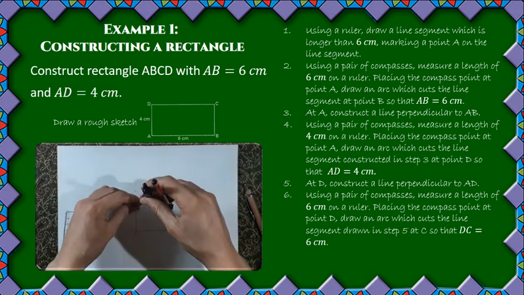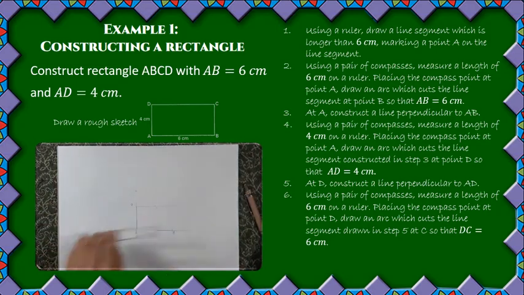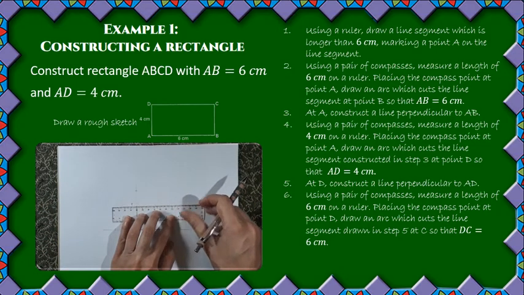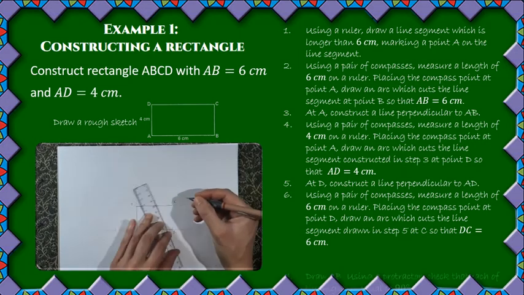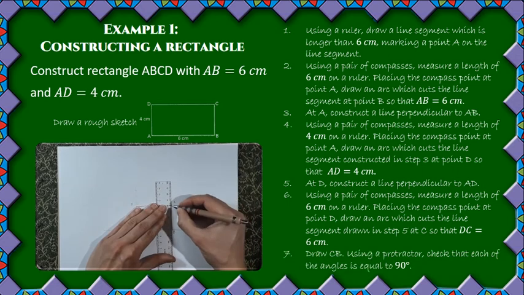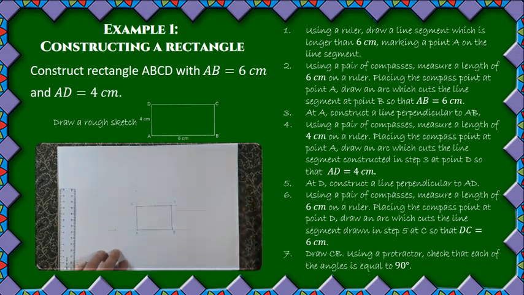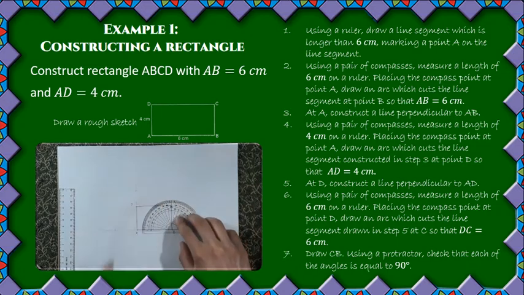And then placing the compass point at point D, draw an arc which cuts the line segment drawn in the previous step at C. And therefore CD will be 6 centimeters. And then we draw CB using a protractor. Check that each of your angles is equal to 90 degrees. Okay, so that's how we drew a rectangle.